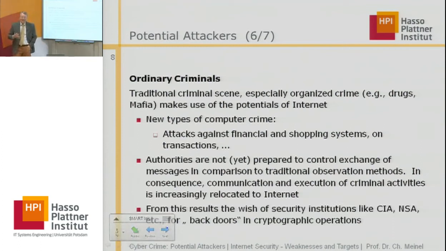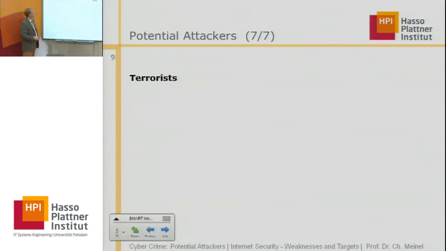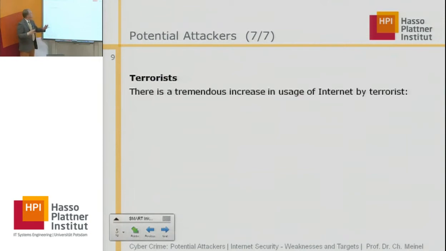In any case, from this point, one understands why such security institutions like CIA, NSA, BKA want to have backdoors also for cryptographic operations, to be able, in an emergency case, to see what is communicated in such encrypted messages.